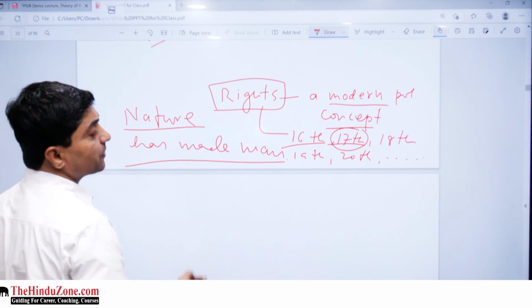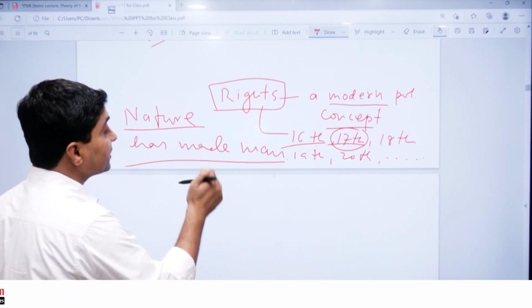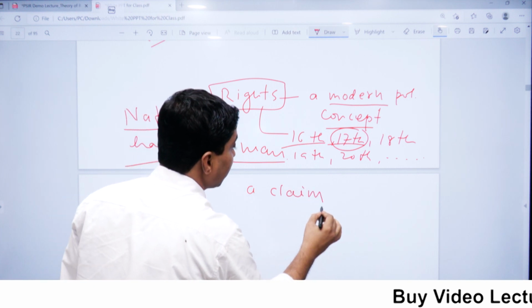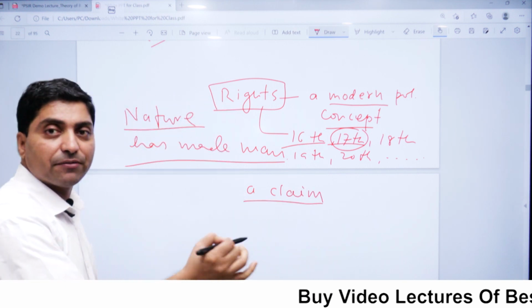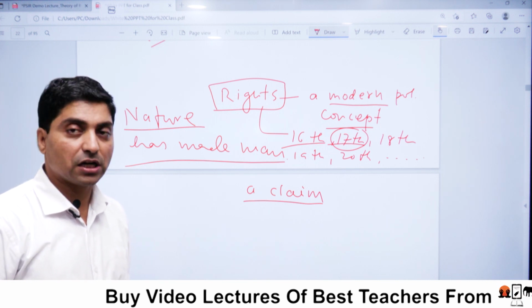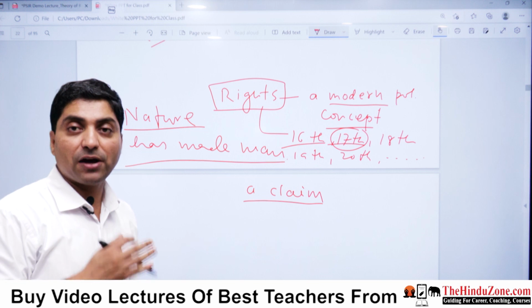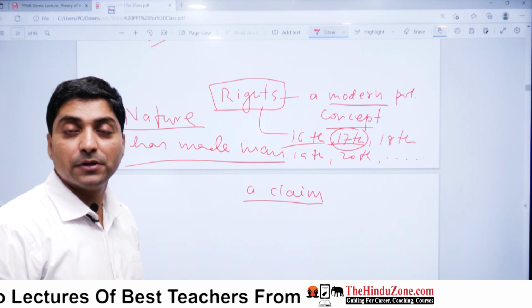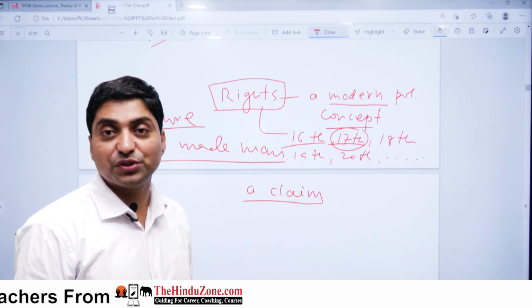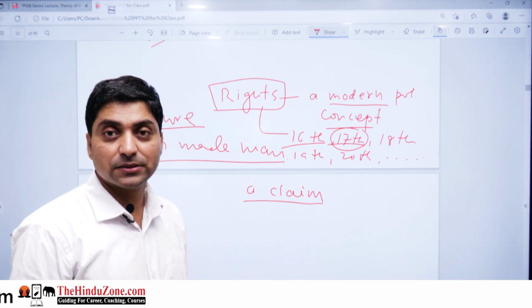Now the concept of rights is especially a claim. I have right to eat, I have right to walk, I have right to shelter, I have right to life, I have right to privacy, I have right to pollution free air and water.